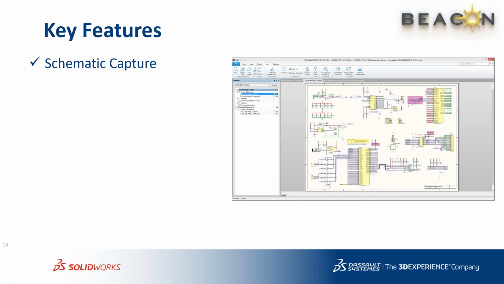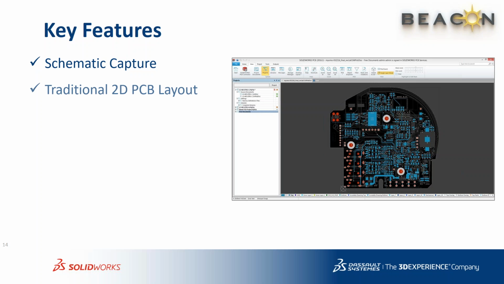These are the key features of SolidWorks PCB. So what does SolidWorks PCB do? First, schematic capture. Here, the wiring of electronic components, ICs and diodes, all comes in the schematic capture.